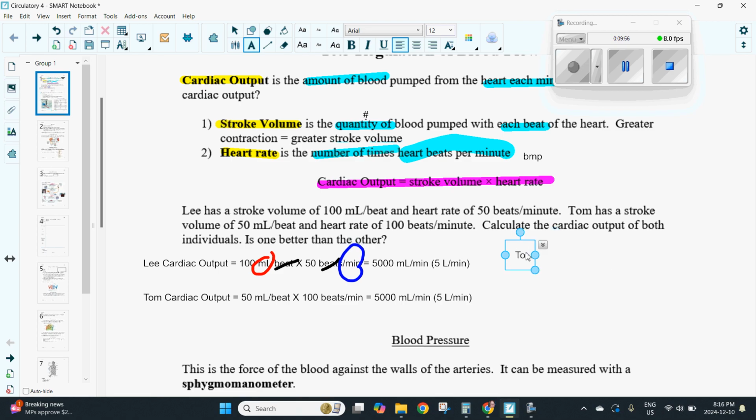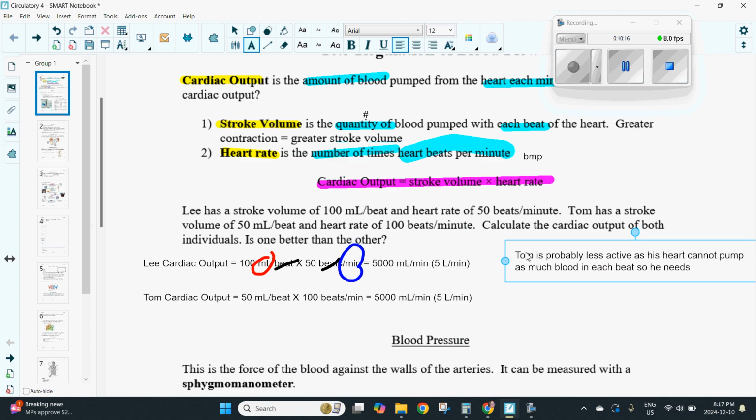Okay, so I would say Tom is probably less active as his heart cannot pump as much blood in each beat.